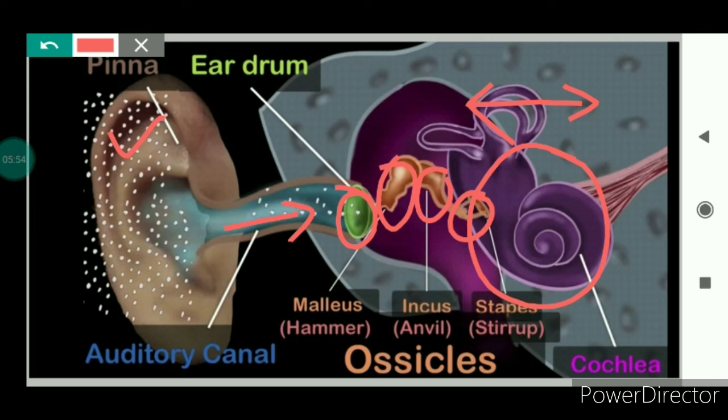So the bones of the middle ear amplify the vibrations, and the amplified vibrations are passed on to the liquid in the cochlea, where they are converted into electrical impulses. These electrical impulses are carried by the auditory nerve to the brain. Then the brain interprets these electrical impulses as sound, and we get the sensation of hearing. So this was all about the structure and working of the human ear. I hope it is clear.